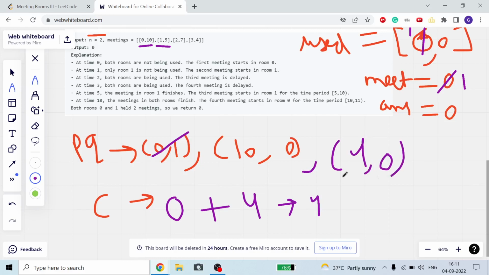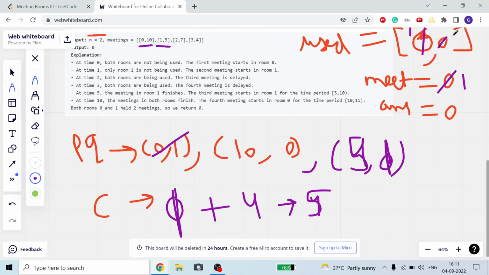No, because our room is free at 0, but we don't require a free room at time 0. We need it only at 1. So it is free at 0, but we will take it when we are at 1. So it is the maximum of 0 and 1, because it is free before 1, but we can only use it when we are at 1, because at 1 we are handling a meeting. So it will become 1, and 1 plus 4 is equal to 5, so it will come to 5 comma 1.